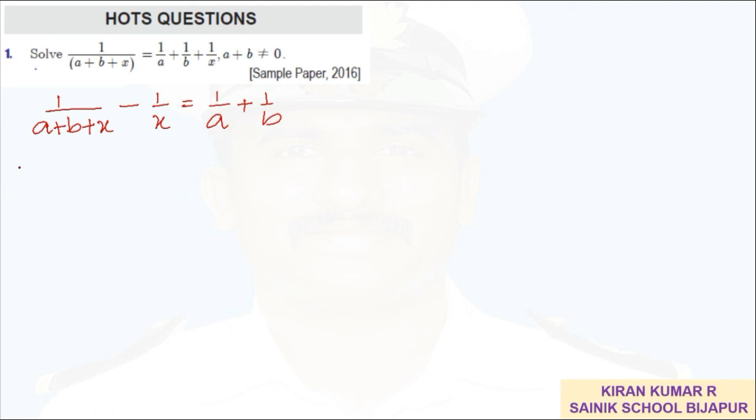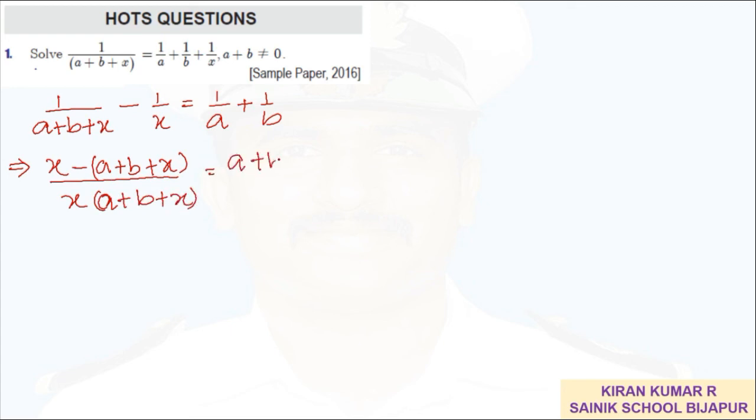Now let me take the LCM. The LCM would be minus x minus a plus b plus x. This has to be written within brackets divided by the product x times of a plus b plus x, which is equal to a plus b upon ab.